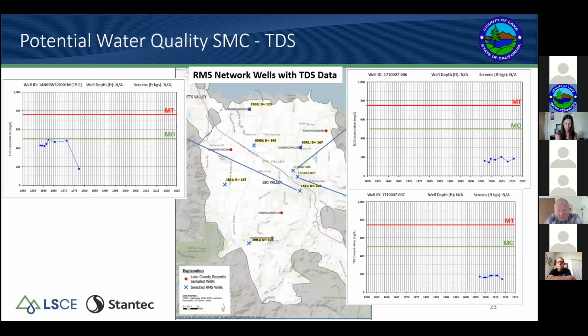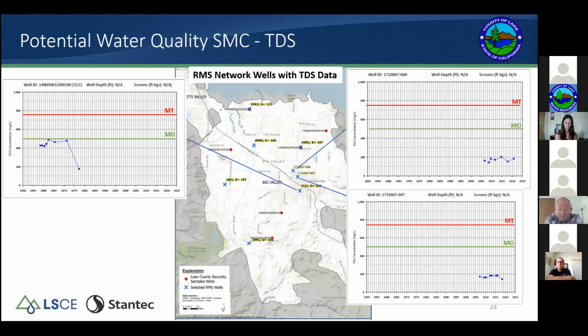So let's bring this in. Again, this is good discussion, but essentially, at some point in the not too distant future, once we develop the RMS network, we have to have discussions about setting the MOs and MTs for whatever parameters we decide upon. This is just an example: if we decided to look at TDS, setting the MO at the secondary MCL, we can set it lower.